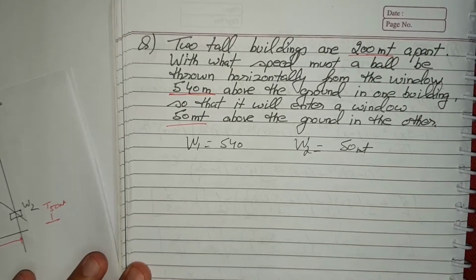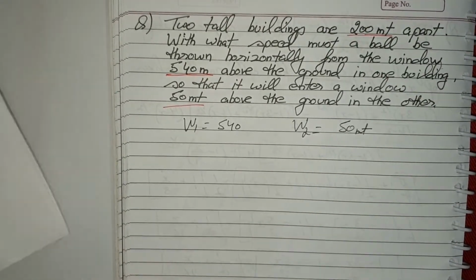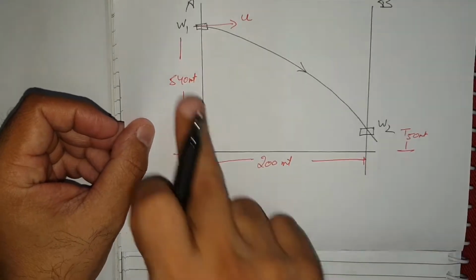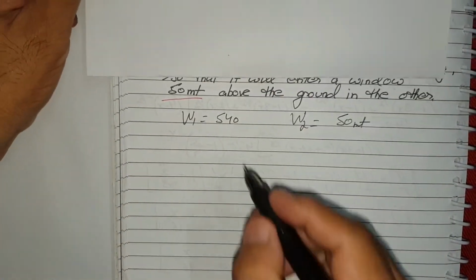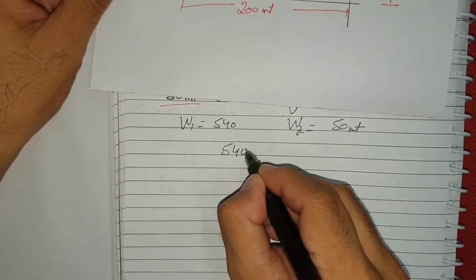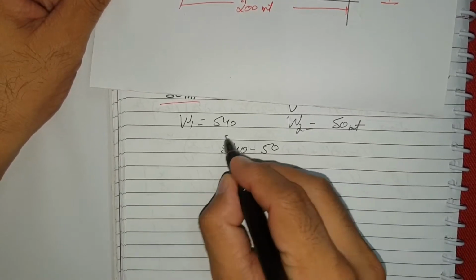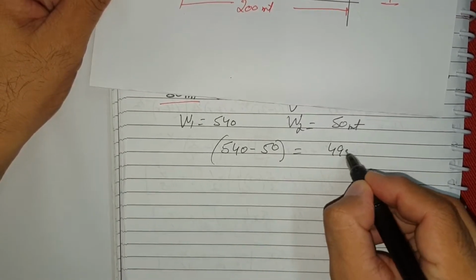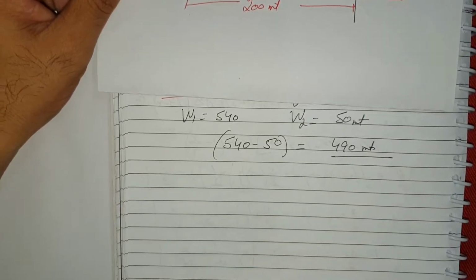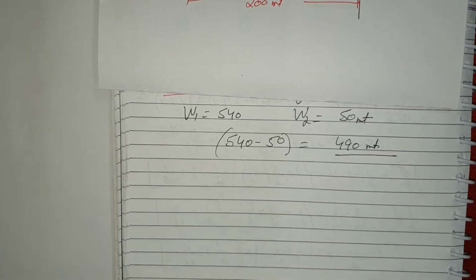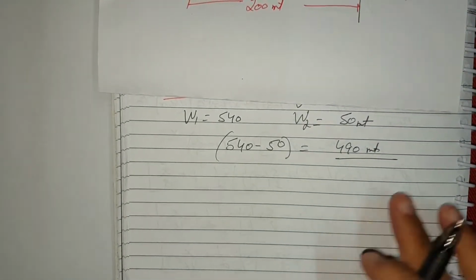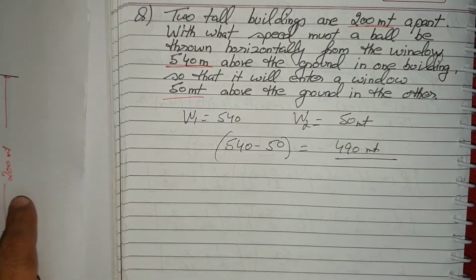So the net vertical height that this ball will travel is 540 minus 50, which is actually 490 meter.